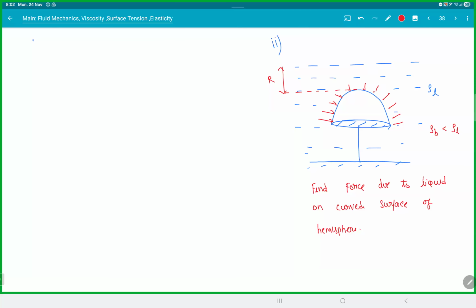P is not constant. If P is constant, you could have simply said P into the surface area, but you can't do that here.